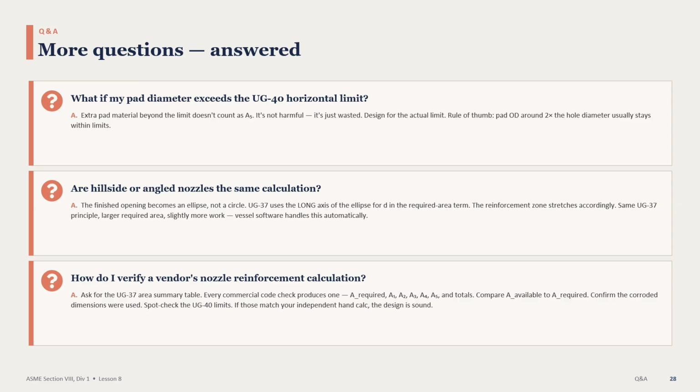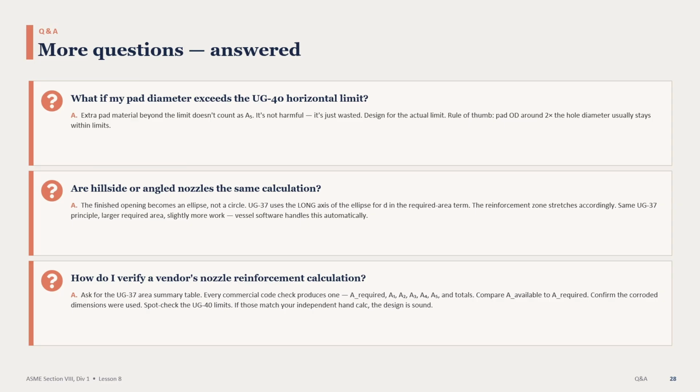Question 6. How do I verify a vendor's nozzle reinforcement calculation? Ask for the UG-37 area summary table. Every commercial code check like PV Elite, Compress, all the major ones produces this table. It lists A required, A1, A2, A3, A4, A5, and totals.